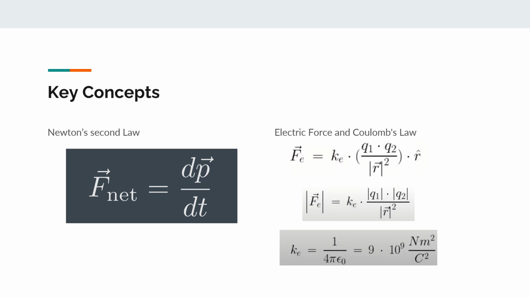We can see that the Coulomb constant is simply a constant that's carried throughout, and the magnitude of the electric force is not based upon the directional vector.